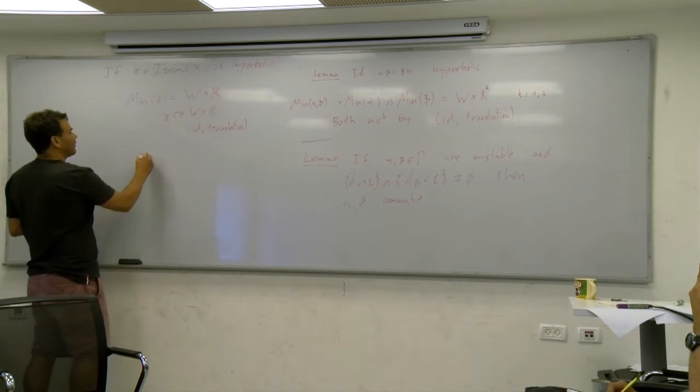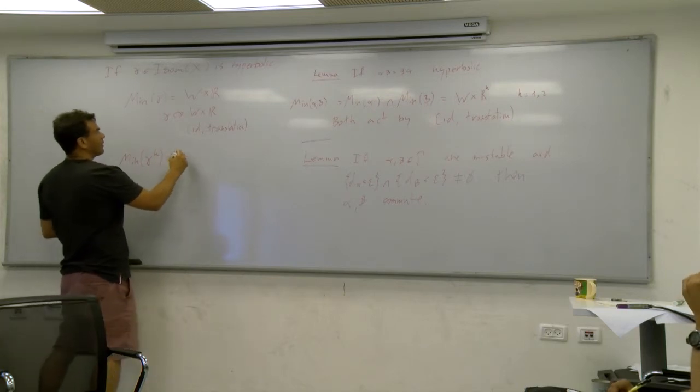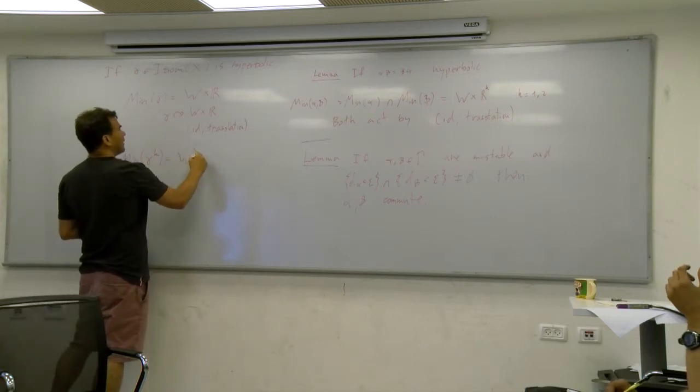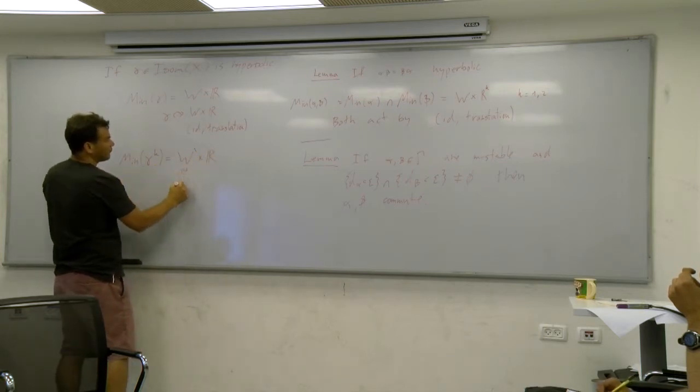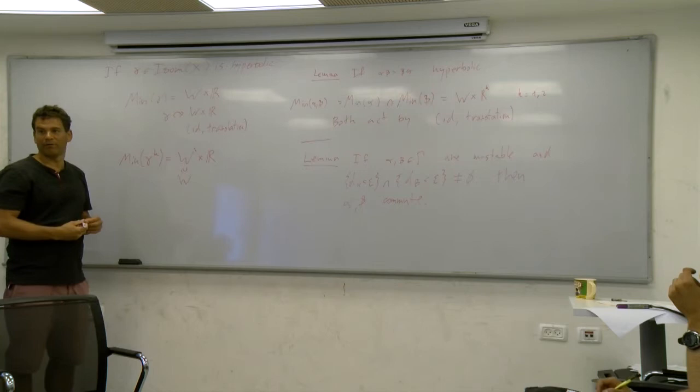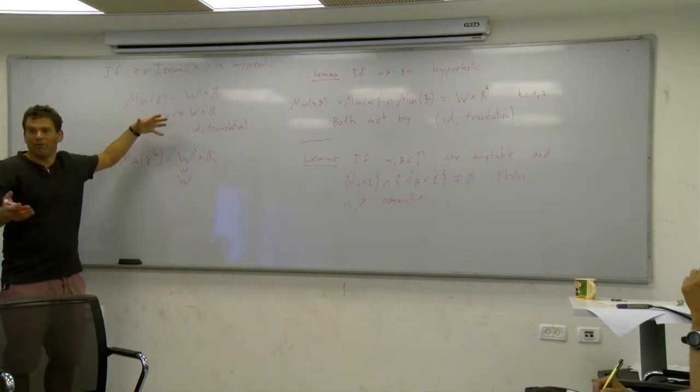If we replace gamma by gamma to the k, then the minimal set of gamma to the k is now W prime cross R, where W prime may be a larger set than W. So maybe there are more elements.